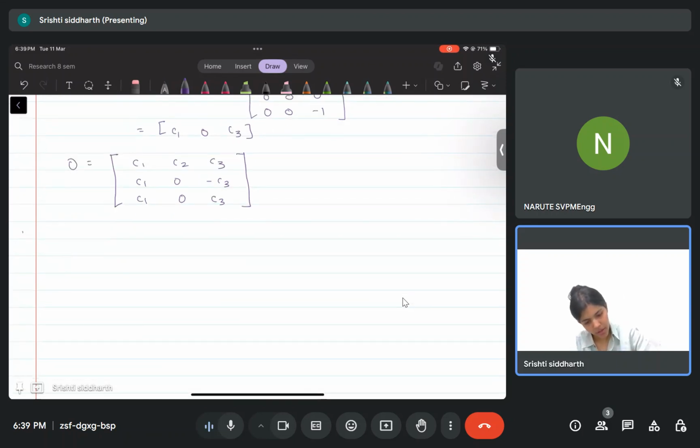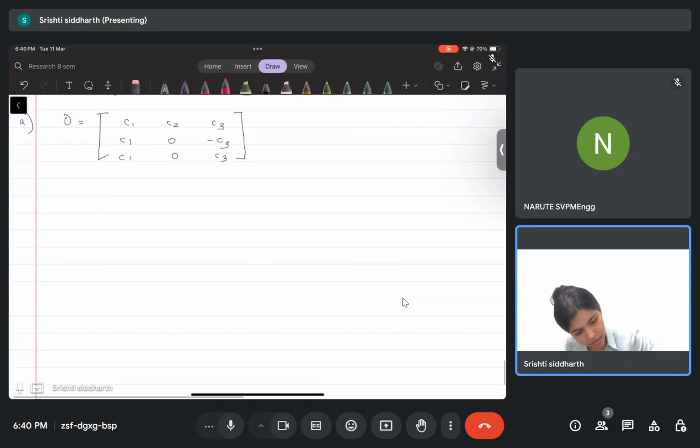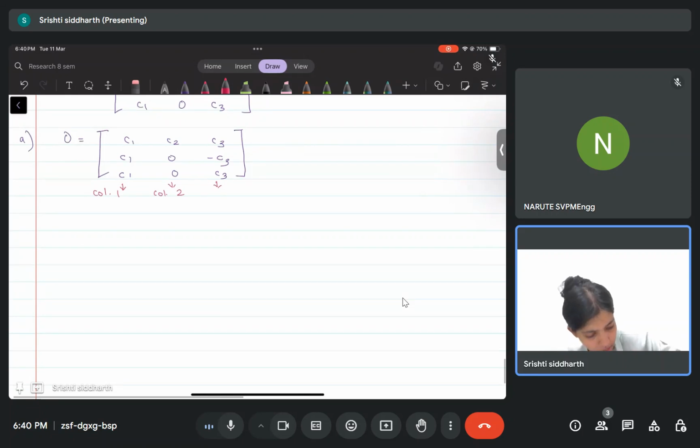So first, determine the values under which the pair CA is not observable. So let's see. There are three columns. I can just write this column 1, column 2, column 3, so as not to be confused with the coefficients C1, C2, C3.